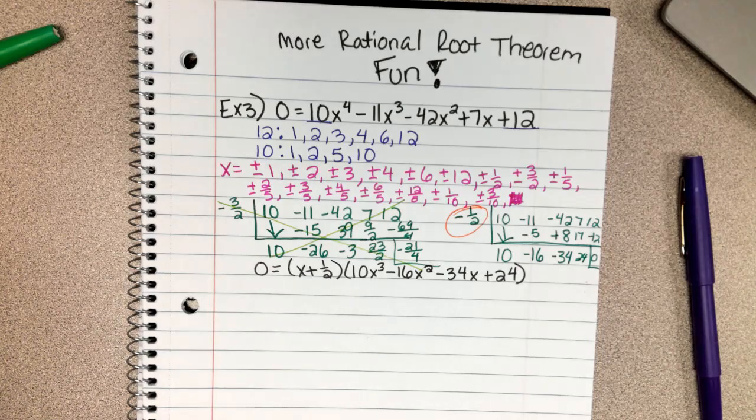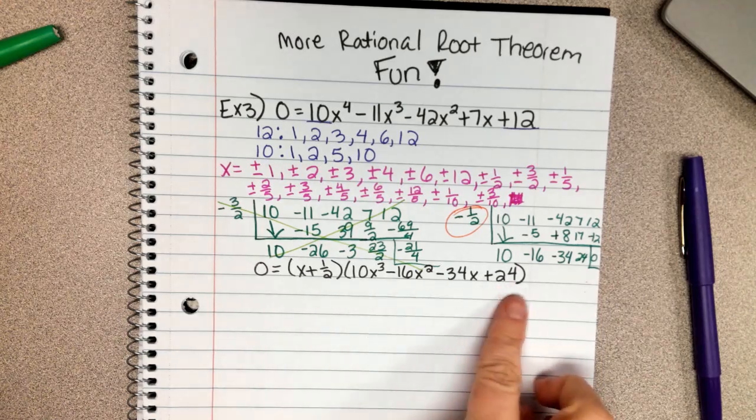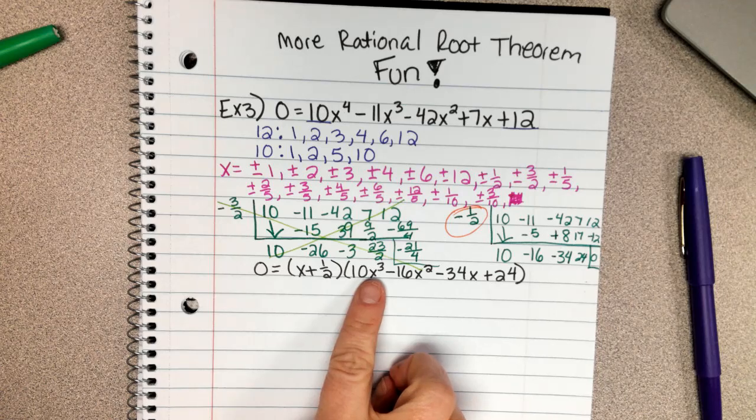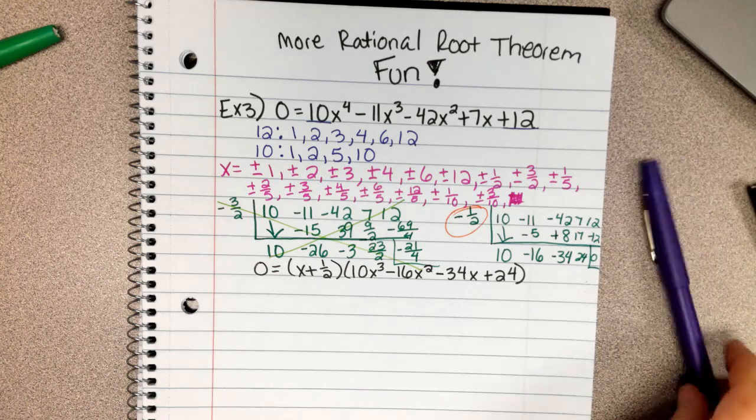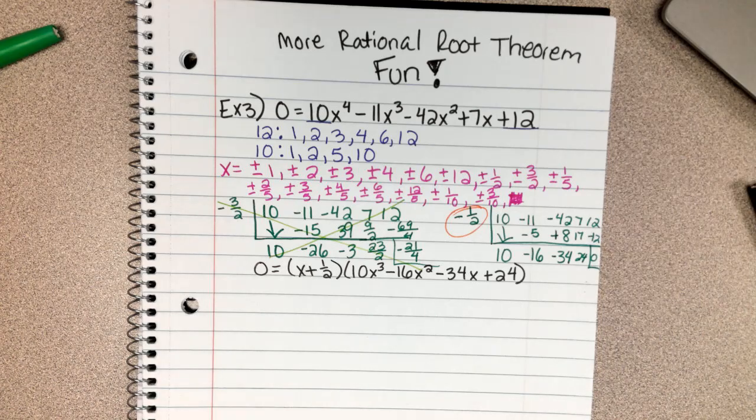Okay, now you might want to take a minute and try to factor this remaining polynomial here. I will give you a hint. It does not factor. So since it does not factor, I'm going to run rational root theorem again. When we run it the second time, we're going to run it for just this polynomial here.